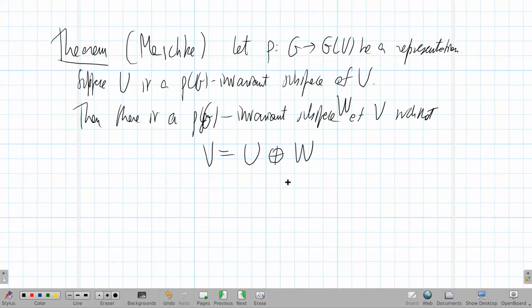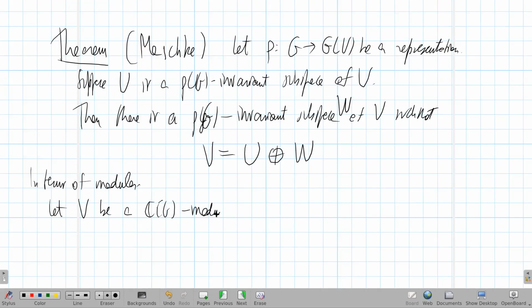This becomes probably slightly easier in terms of modules. So let us translate. A representation means let V be a CG module. So I have translated, let me use colors. This is the first statement, which is translated in 1 prime, okay?